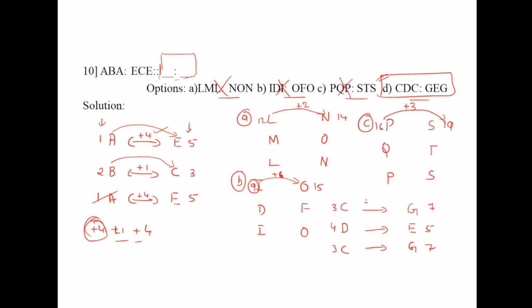So 3 plus 4 becomes 7. Yes, it's my logic. And next 4 plus 1 becomes 5. Yes, it is also there in my logic. 3 plus 4 again is 7. It is also there in my logic. So for the question given here, A, B, A and E, C, E, the option D holds good for the same relationship.